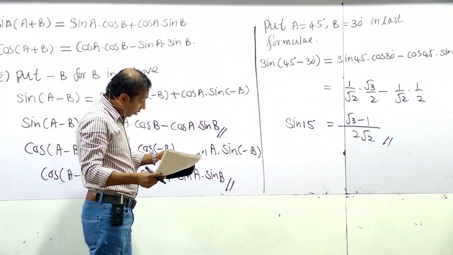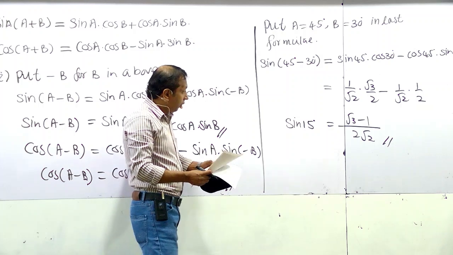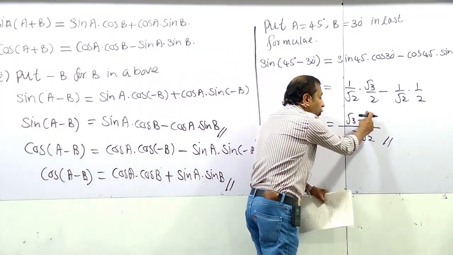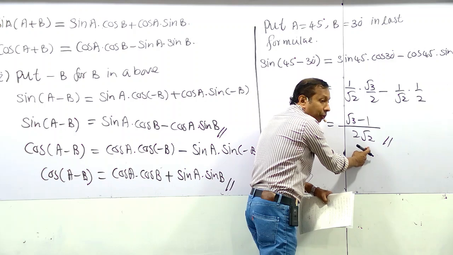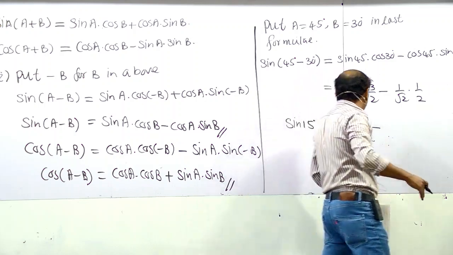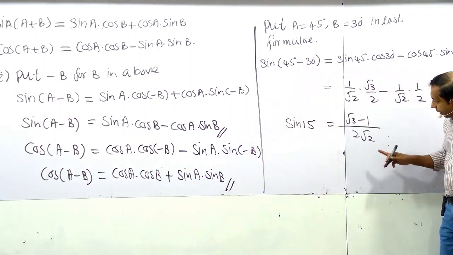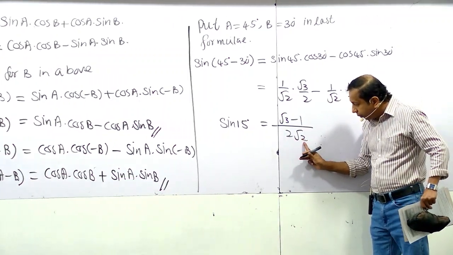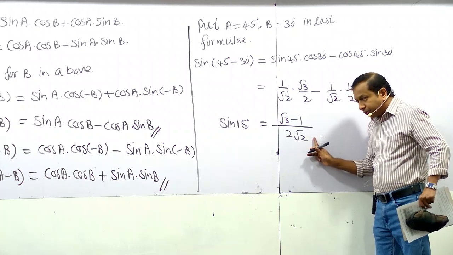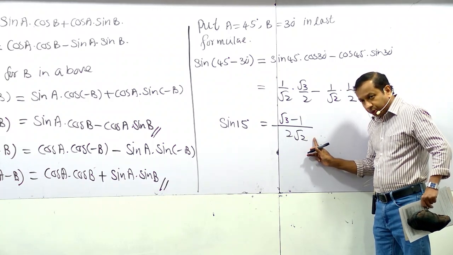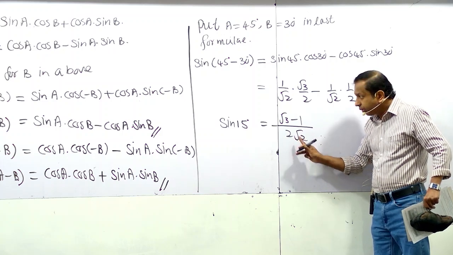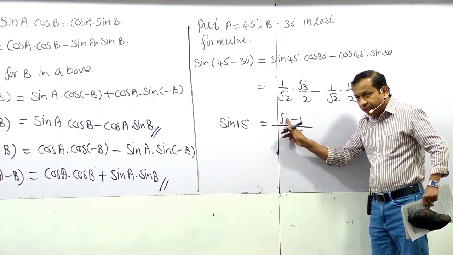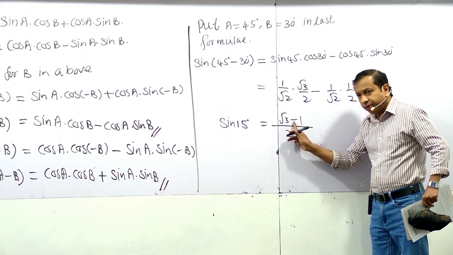But they are not asking this form, so we multiply numerator and denominator both by root 2, right? When you multiply the numerator terms and the denominator by root 2, root 2 and the multiplier root 2 make 2, and that 2 and this 2 make 4. Here root 2 and root 3 product is root 6 minus root 2.